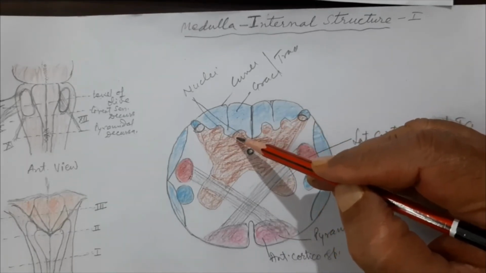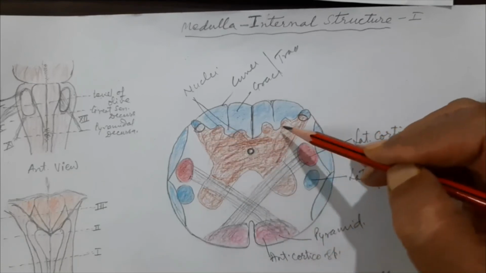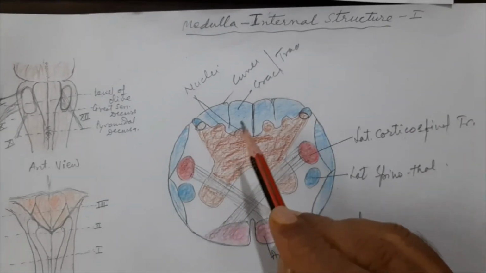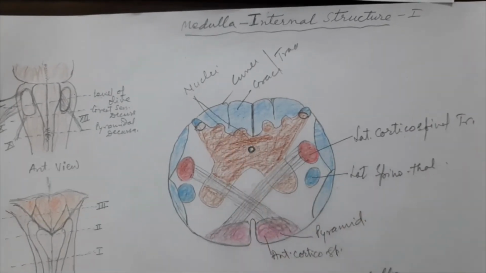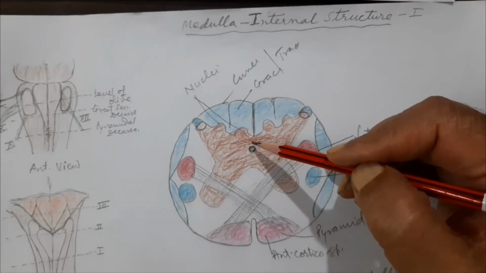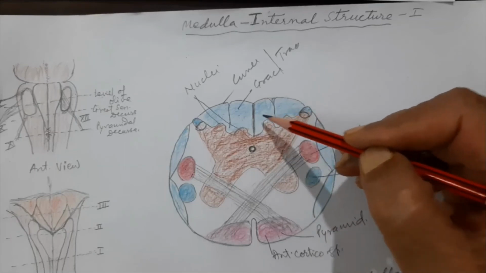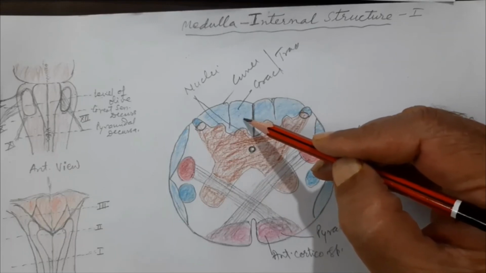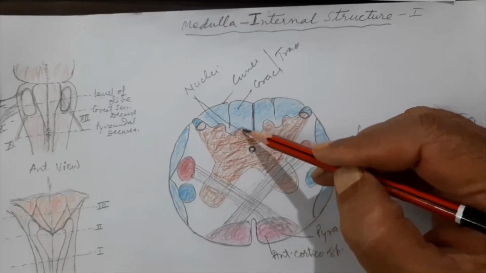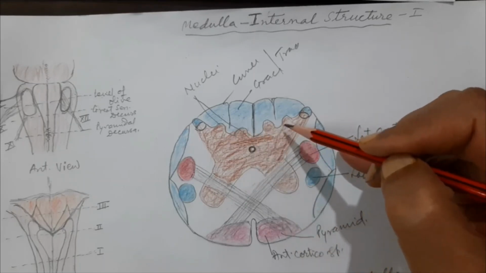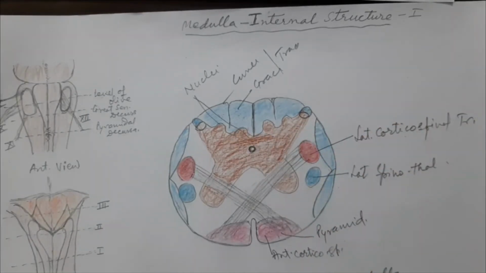Now the gracile and cuneate nuclei start forming here, as I showed. The bulging is seen, and at the upper level we will see that they are isolated masses. But this bulging of the gracile and cuneate nuclei is seen at this level of the pyramidal decussation. The fibers coming from the spinal cord in the gracile fasciculus and the cuneate tract start synapsing, or ending, on the neurons of the gracile and cuneate nuclei.